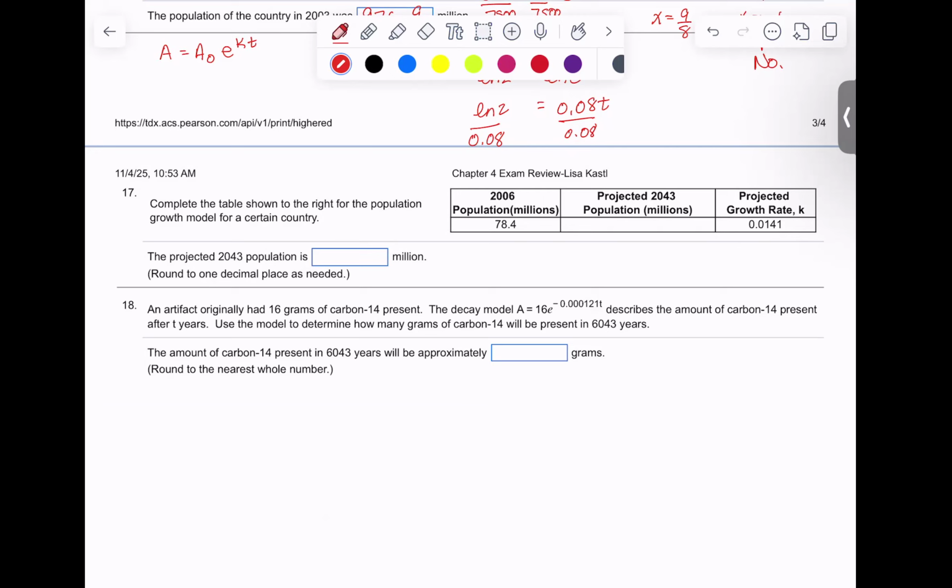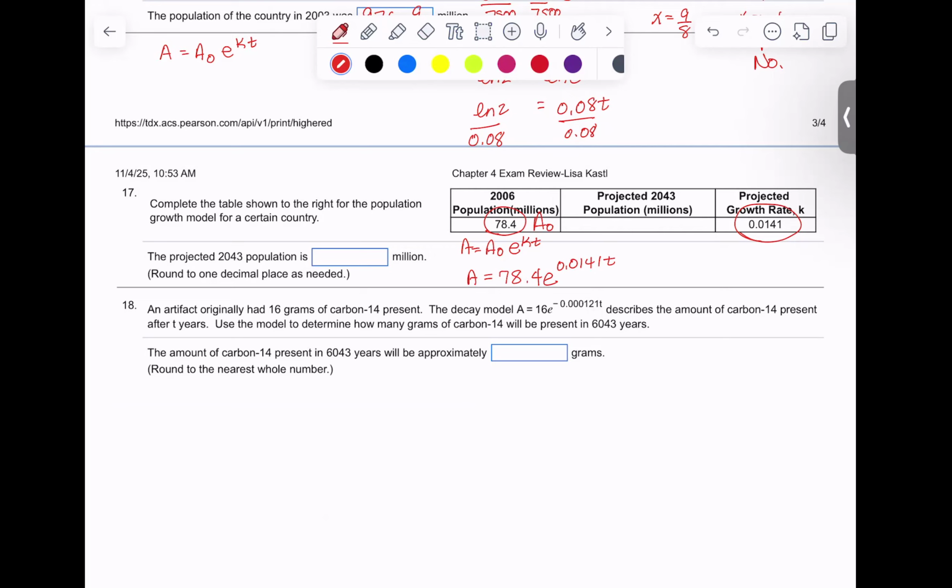So again, our formula is A equals A sub 0 e to the kt. They give me the growth constant k, and the initial amount, A sub 0. So my model is A equals 78.4 e to the 0.0141 t. That is my growth model. So I need to figure out what t is, and then it's a plug and chug.